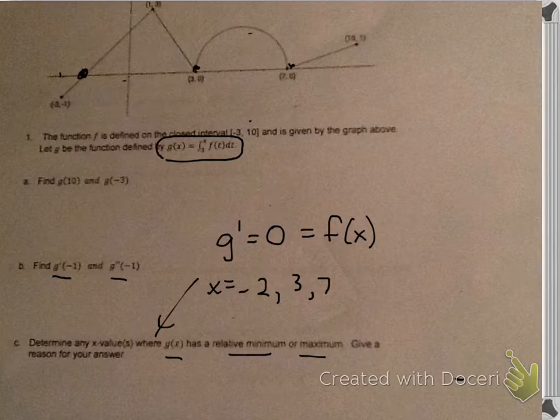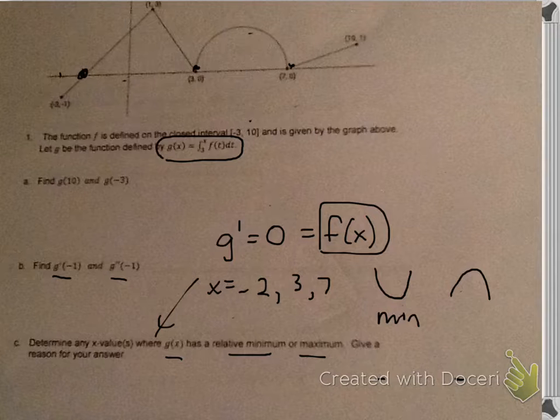This is like looking at the graph of the slope, and so where f of x changes from negative to positive is a min, and where it changes from positive to negative is a max. So the only place we have a change where it crosses the axis is at negative 2.